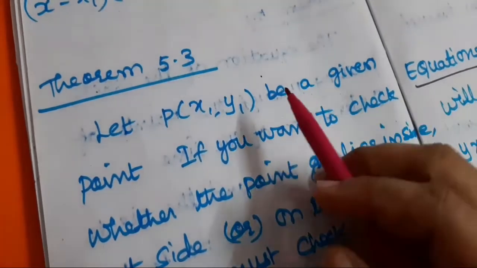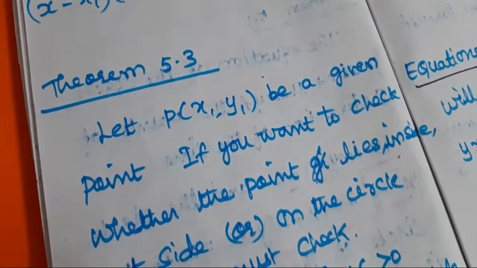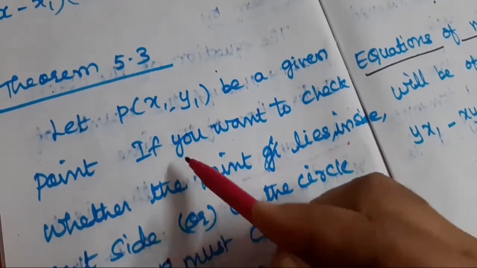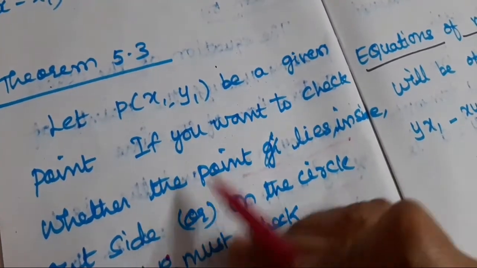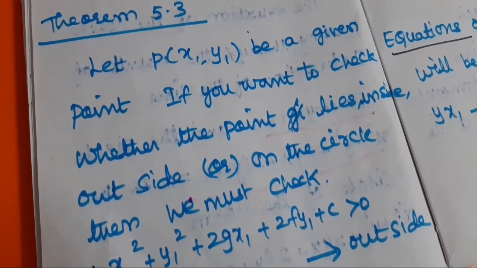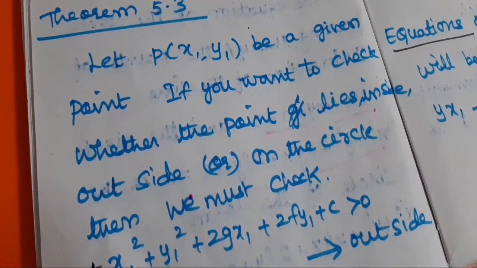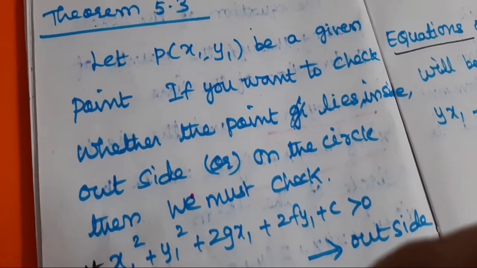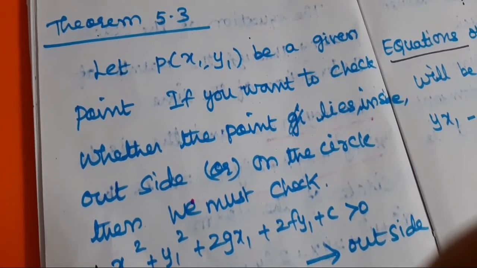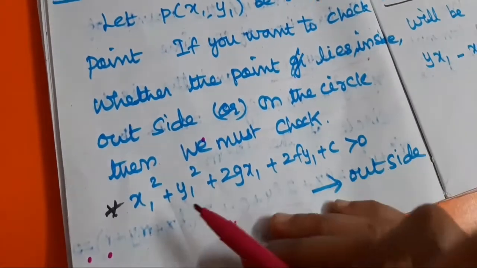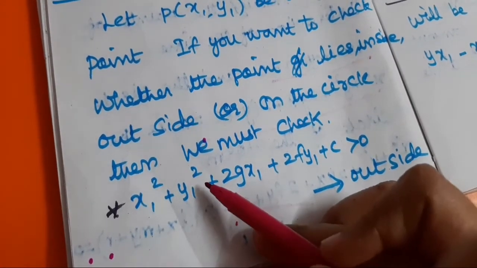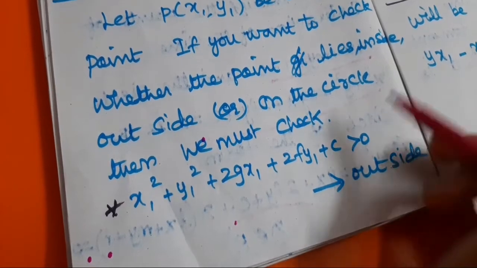Then theorem 5.3 says that let P(x1, y1) be the given point. If you want to check whether the point lies inside the circle, outside the circle or on the circle, then we can substitute x1 and y1 instead of x and y in the general equation of the circle.